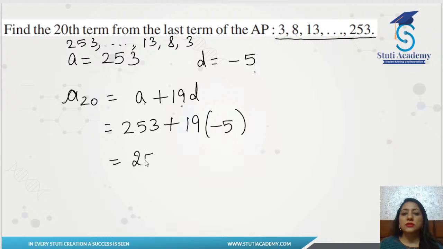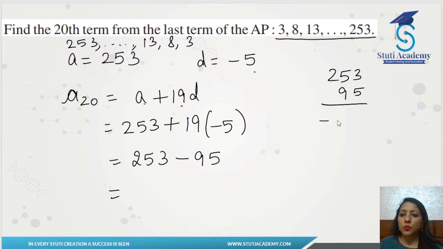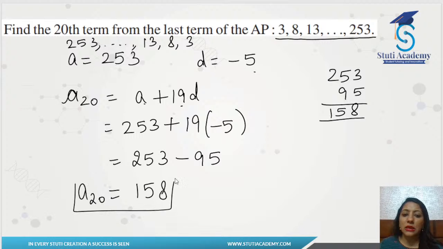So this is 253 minus 95. Let us solve this one, and we get positive 158. So the 20th term from the last of the given AP is 158.